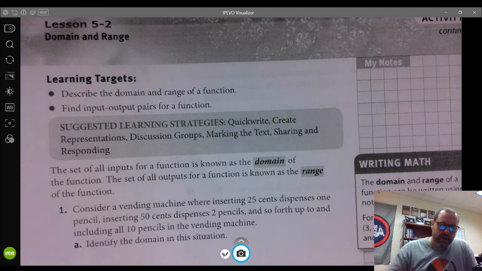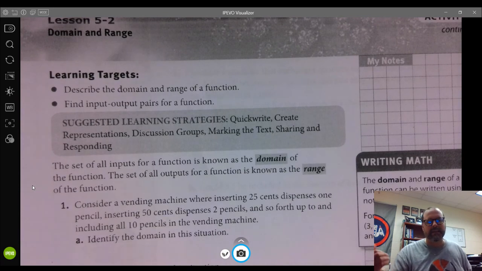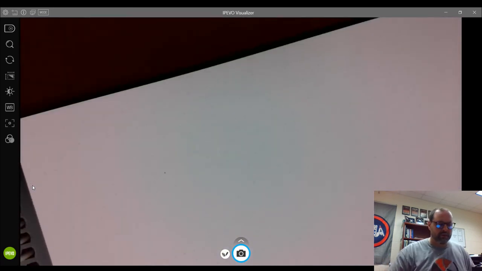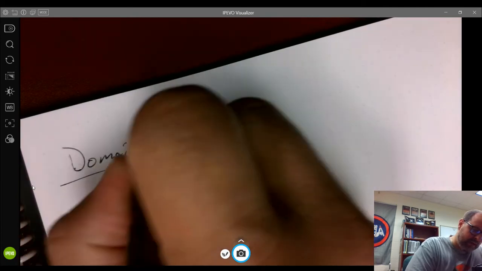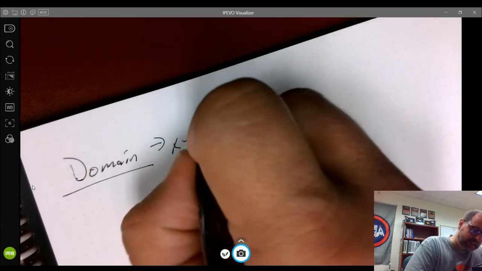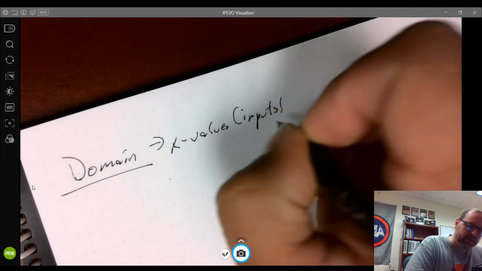The important thing for domain is that, as it says in here, it's the set of all inputs. One way to look at it is domain is like your X values. When we're looking at domain and range, domain goes with the X values. They're not always X's, but that's why we say inputs.